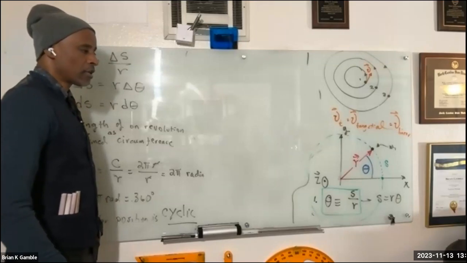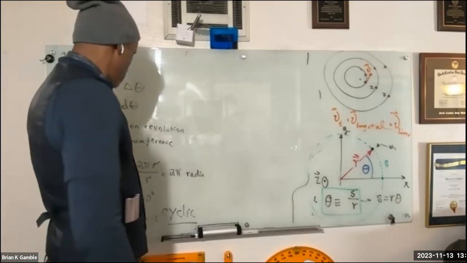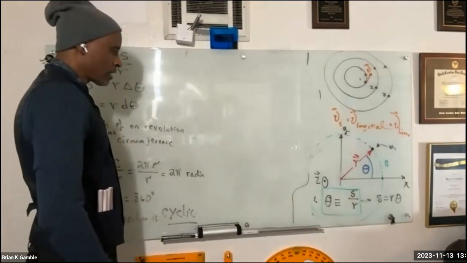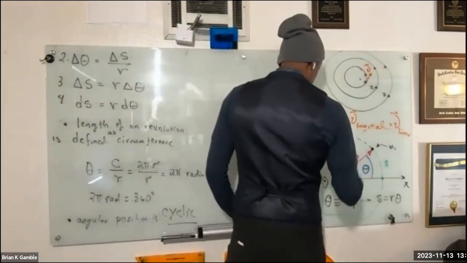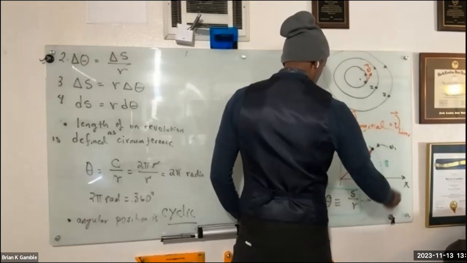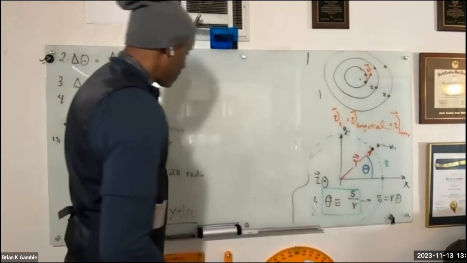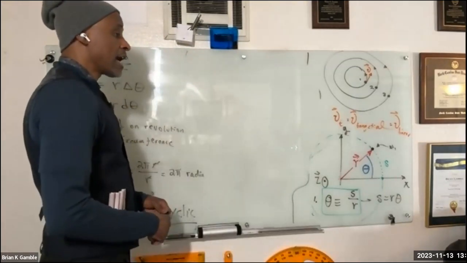And if I go around 10 pi radians, which is 5 times, then I'm going to be back in the same position. 1, 2, 3, 4, 5. So any whole number increment of a revolution puts you back in the same physical position.